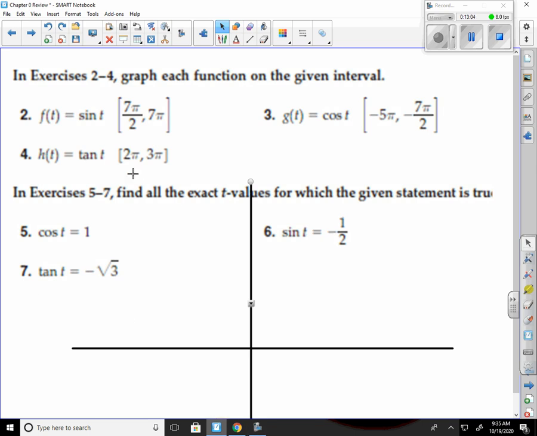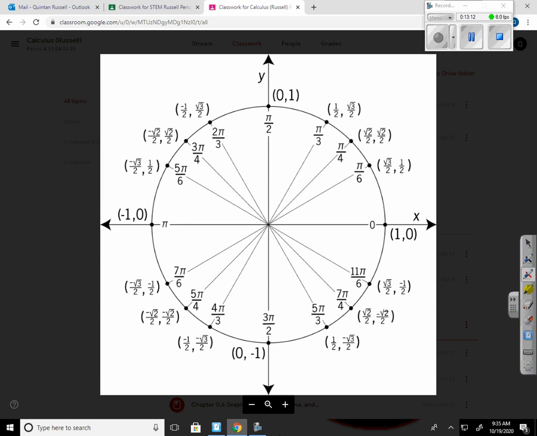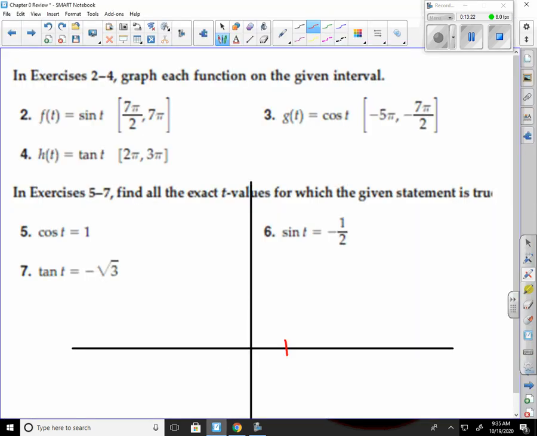For the tangent, if I think about at 2 pi, it's sine over cosine for the tangent, which is 0. So at 2 pi, call this 2 pi, I'm at 0.